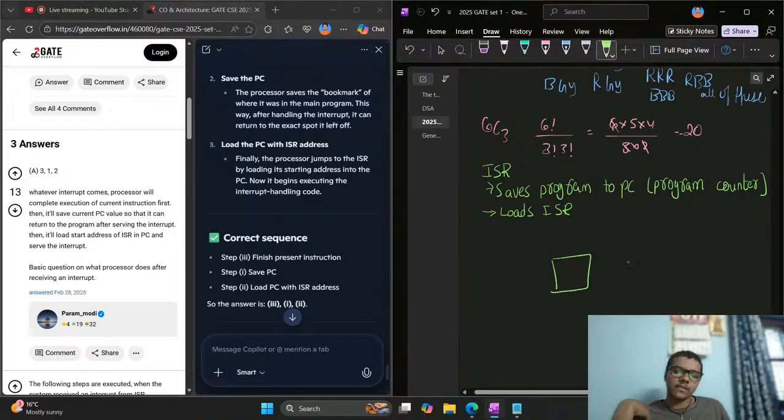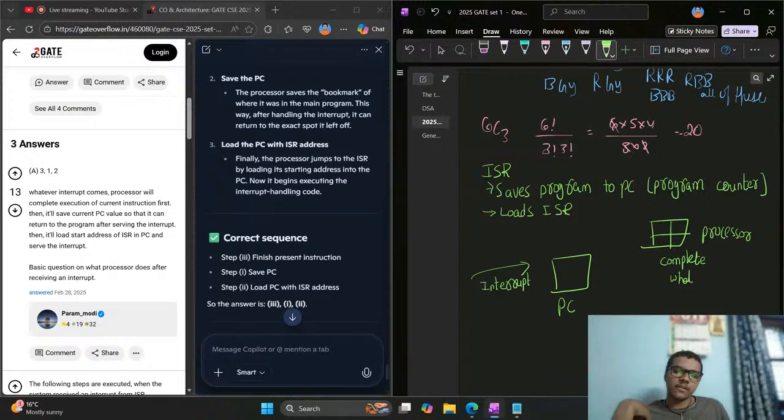So let's say this is the program and this is the processor, right? So what will it do? An interrupt is coming. First step is complete whatever it is doing.